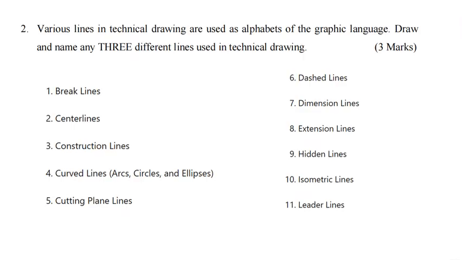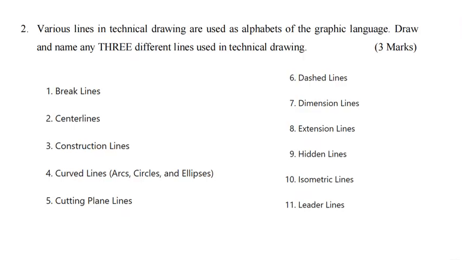You can see that presented here are almost 11 different lines, although we just mentioned these lines: break lines, center line, construction lines, curved lines, cutting planes, dashed lines, dimension line, extension lines, hidden lines, isometric.